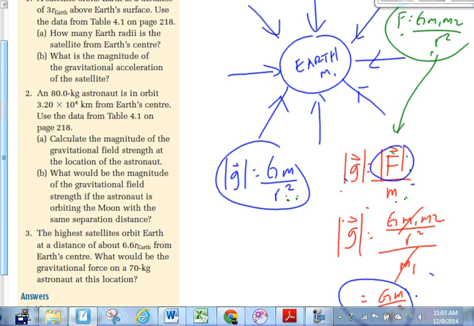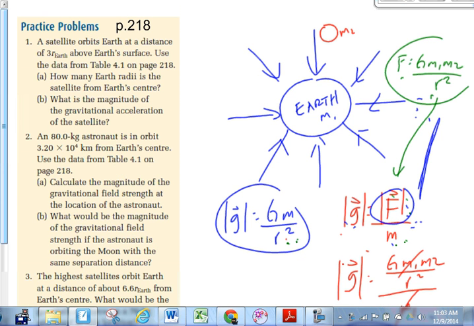So if you know what little g is and you know what m is, go ahead and use the red one. It's easier than using this one. Just depends on your givens. They're both gravitational force, and they're the same force. So whatever seems to fit your givens better, use the red one over the green one. Okay? Our Christmas equations right here. Our red one and our green one. All right, so let's take a look at these problems now.